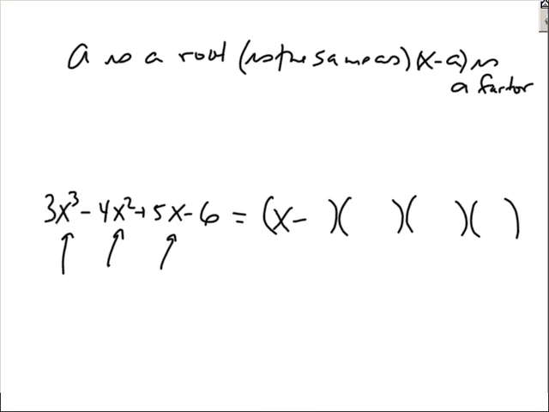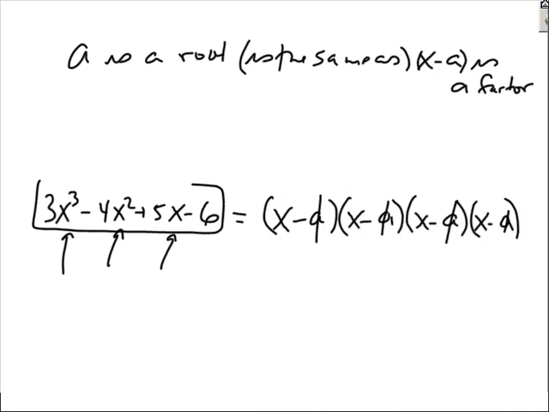If none of them are x minus a, they're x minus something other than a. Well, when I plug a in here, I get 0.